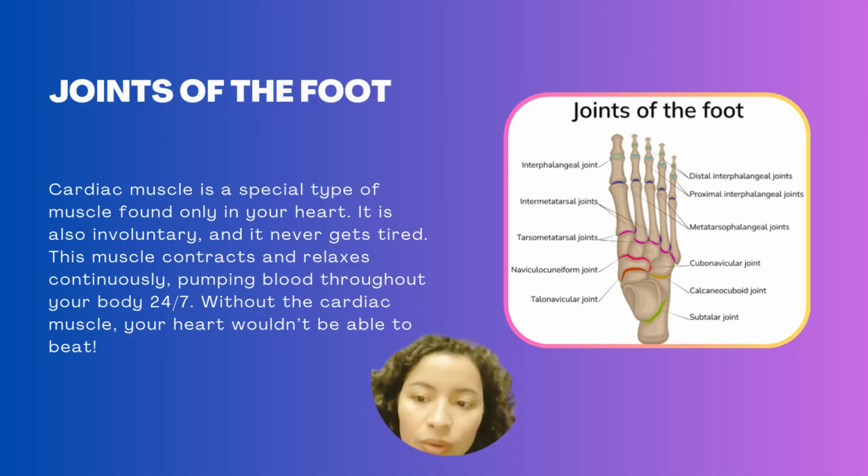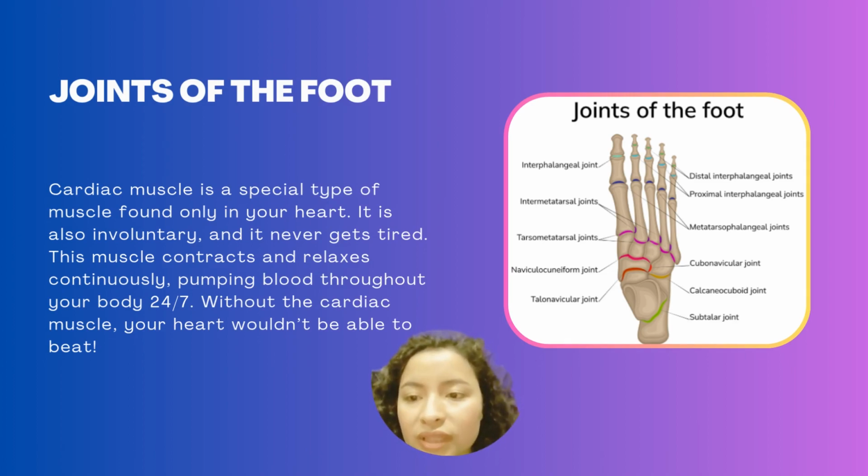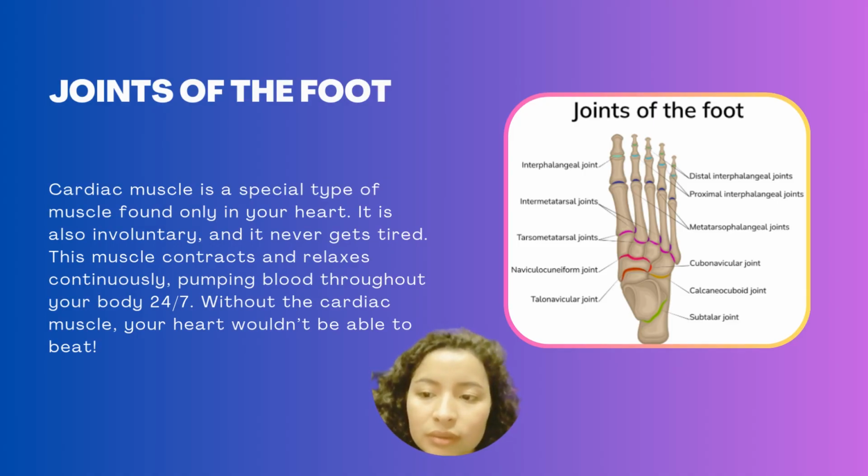It includes the talocalcaneonavicular and the calcaneocuboid joints, synovial joints, which articulate the anterior calcaneus with the navicular and cuboid respectively. Cuneonavicular joint, a synovial joint, is between the navicular bone and the three cuneiform bones.